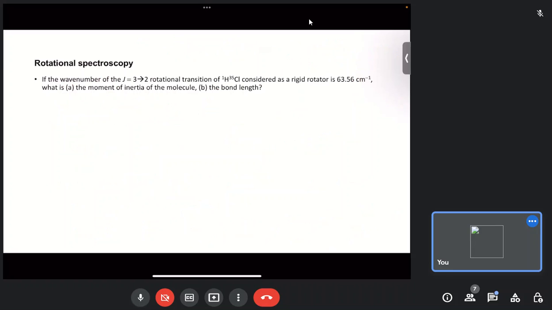The transition goes from J is equal to 3 to 2, and the wave number nu bar is 63.56 centimeter inverse, and we have been asked what is the moment of inertia, which is I, and what is the R value.